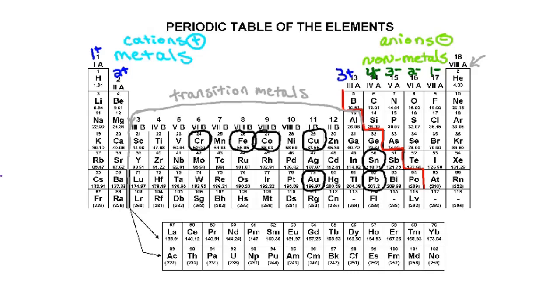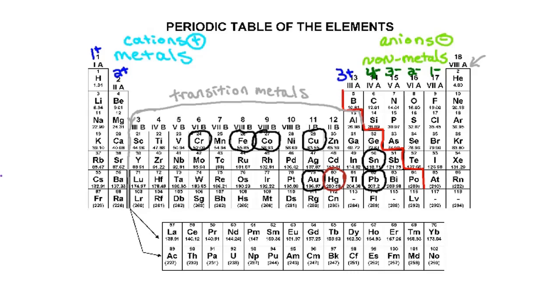And then we also have mercury, Hg, which is a tiny bit different than the other transition metals, and I'll explain that on another page.